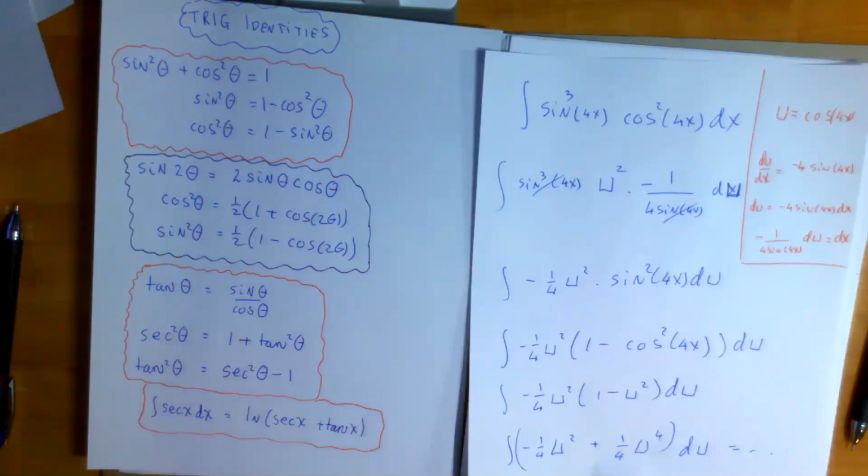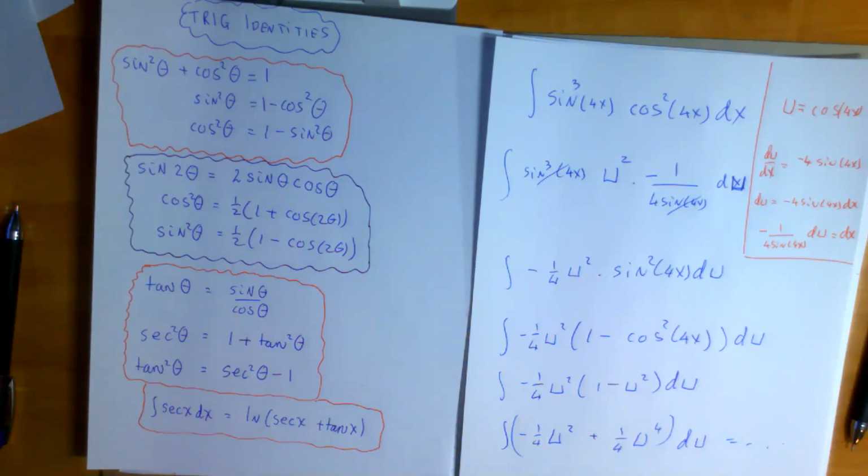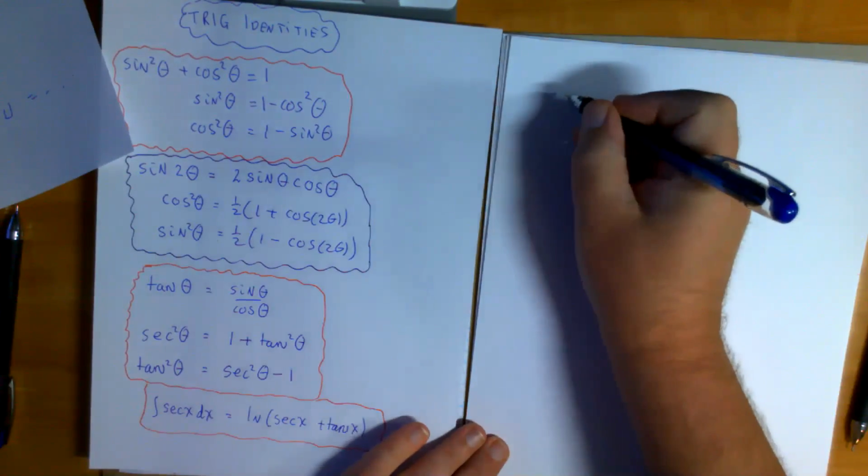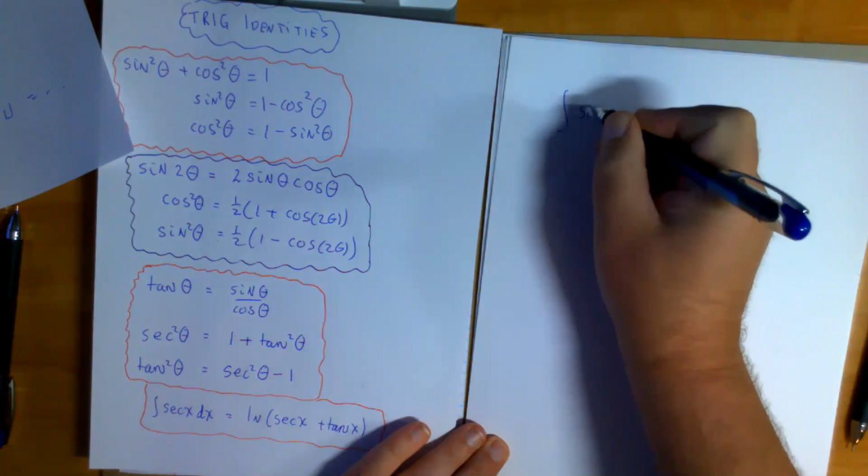Professor, yes. What would happen if we had two even powers and we had a 4x? So like sine to the 4th power 4x and then cosine squared 4x.